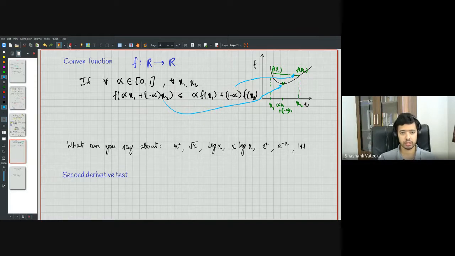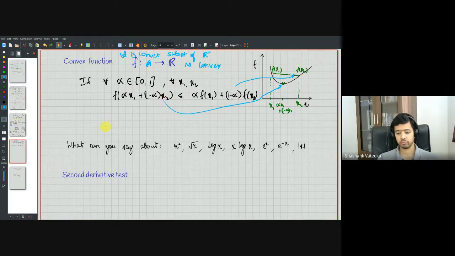And in general, this definition of convex functions can be generalized. So as long as A is a convex set, of more generally R n, then any function from A to R is convex if the following holds, right?